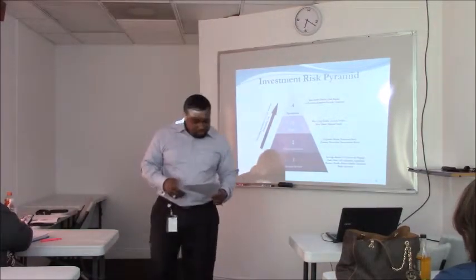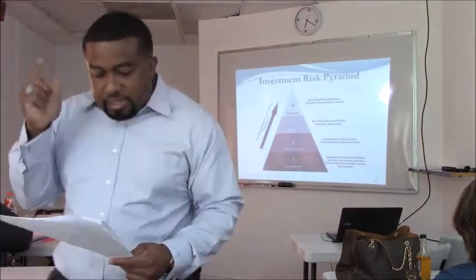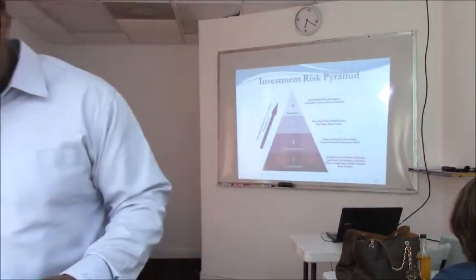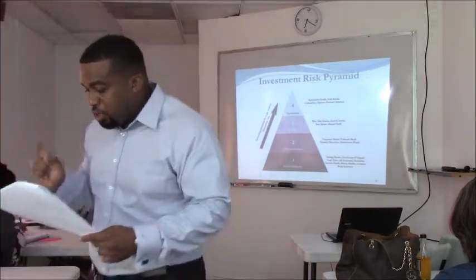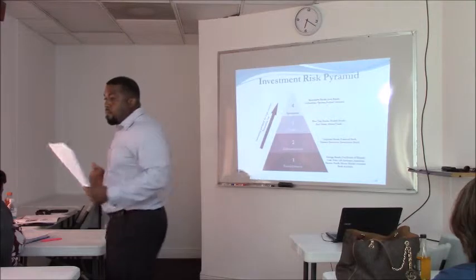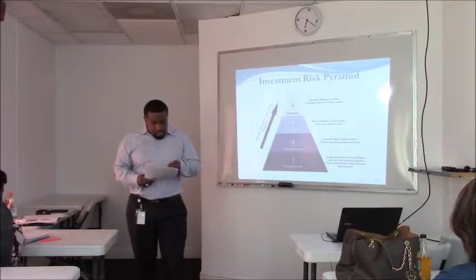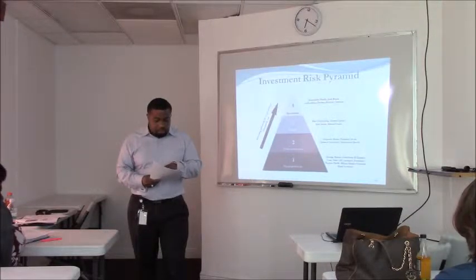Yeah. That's fun. 11. If a company is liquidated, proceeds from asset sales are distributed to common shareholders. Which one? B. After secured debt investment and preferred shareholder claims are paid.